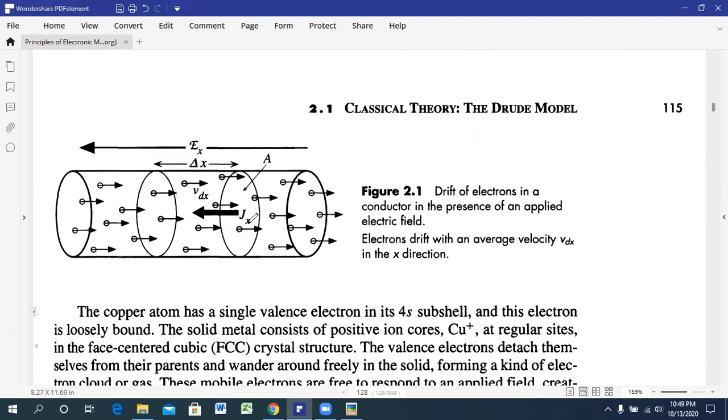The current density is in the same direction as the applied field Ex, but the electron moves in the opposite direction of the applied electric field, because the direction of current is opposite to the direction of the electron.